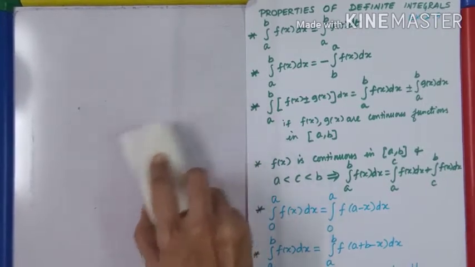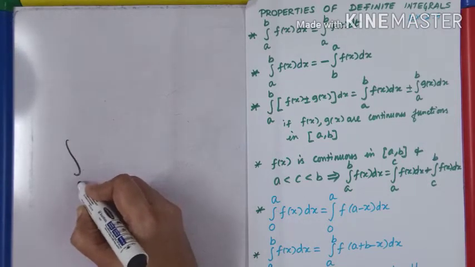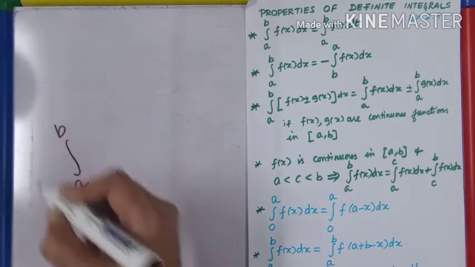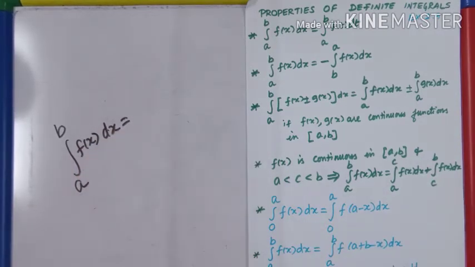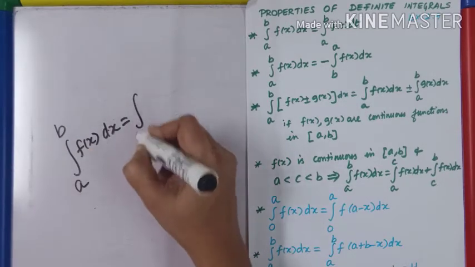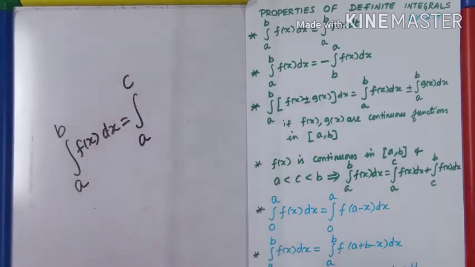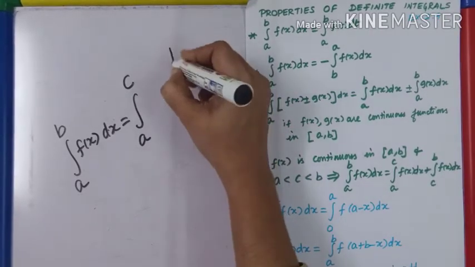provided f of x and g of x are continuous functions in the closed interval ab. Now, the next important property is, again we'll go back to your home to school example. Start from your home and you want to reach your school. Not necessarily do you come directly to school. You can go to your friend's place, C, and then from C to school.